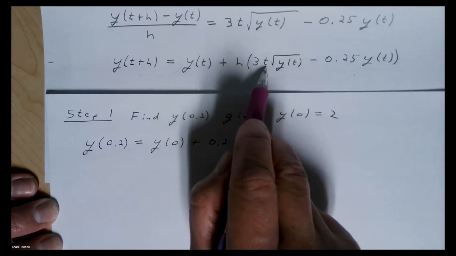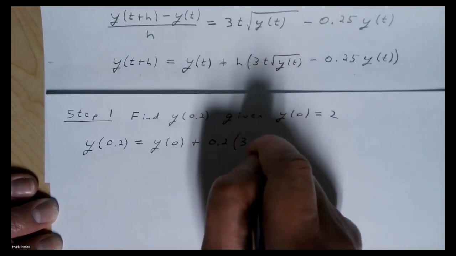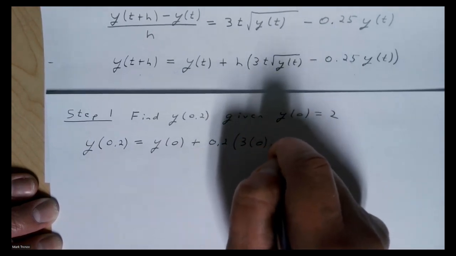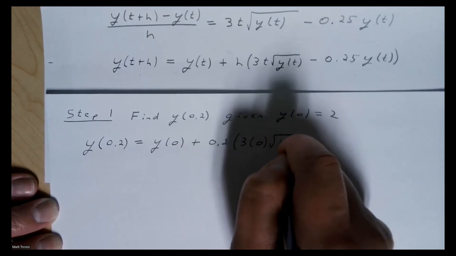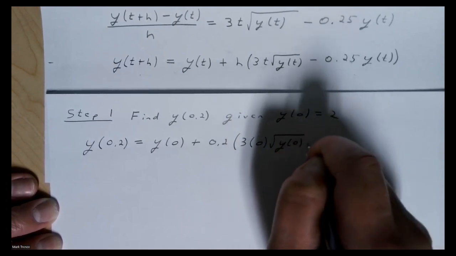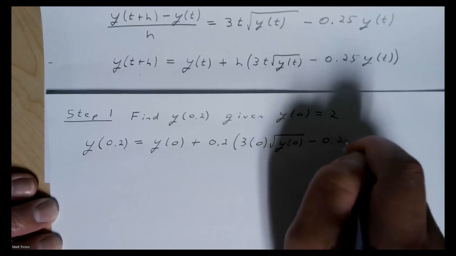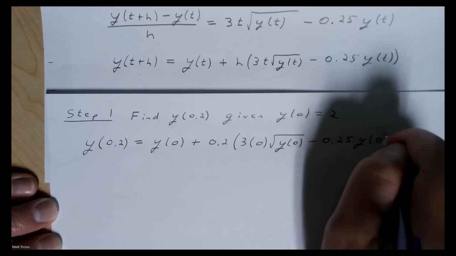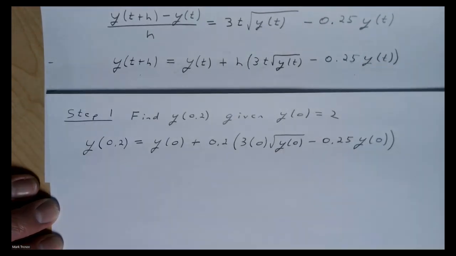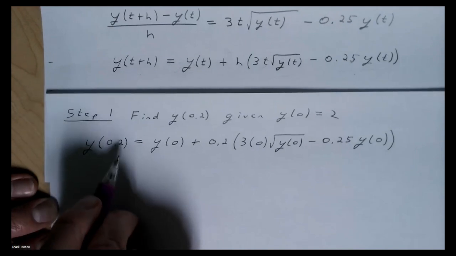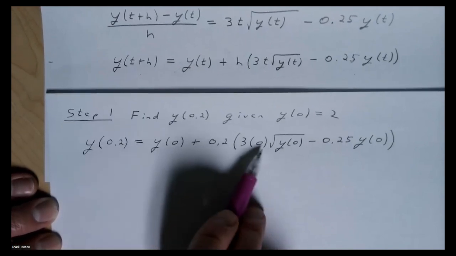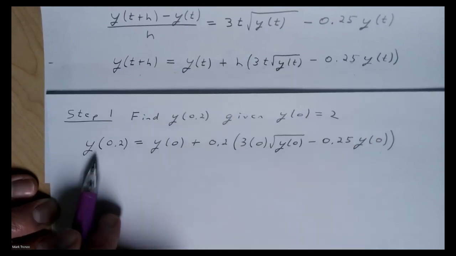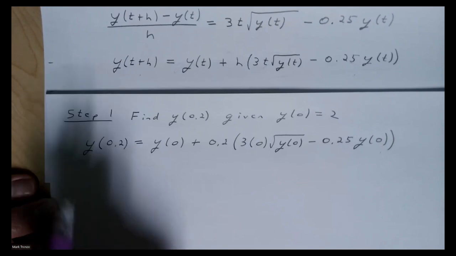And again, our starting initial value of t was 0. And then the square root of y of 0 minus 0.25 times y of 0. And so again, notice everything on the right-hand side is from the previous step, and on the left, you're a step ahead.